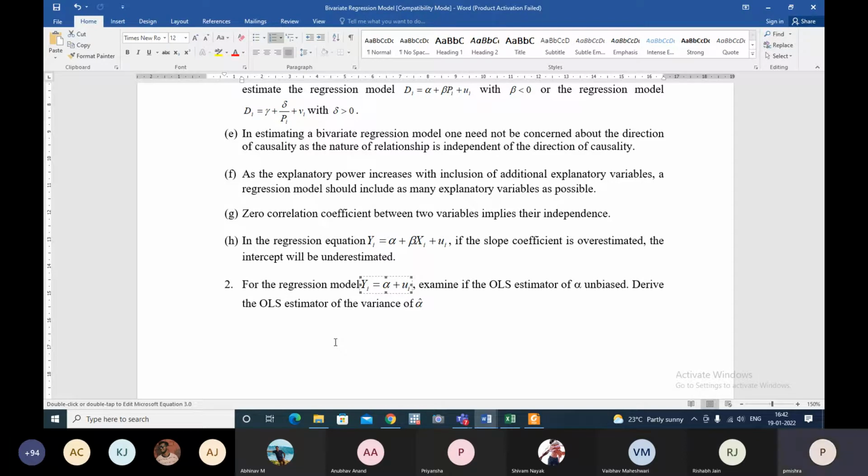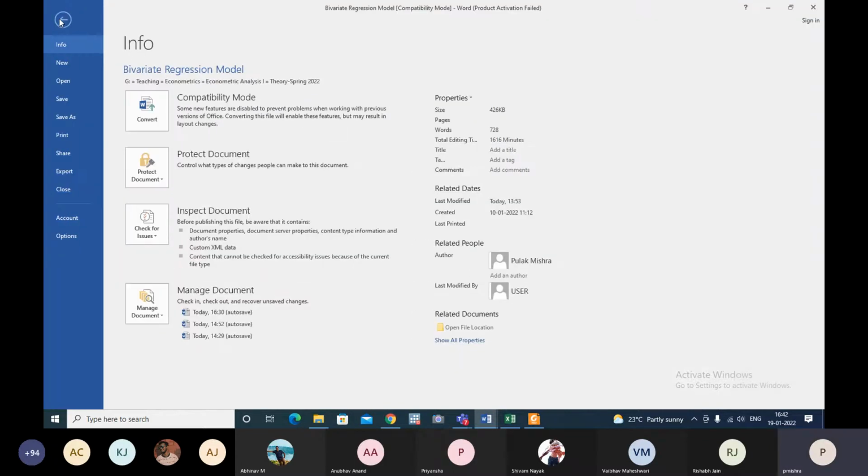So we need to see if the OLS estimator of alpha is unbiased. And also we need to derive the OLS estimator of the variance of alpha hat. I'll just show you how to do it.